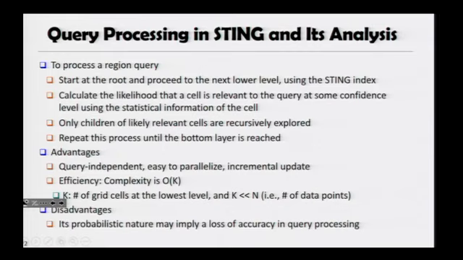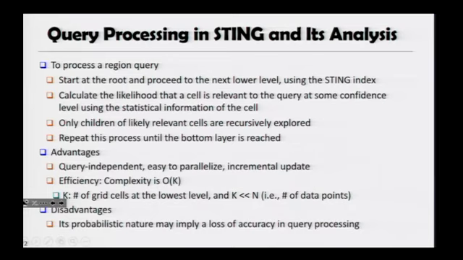It is O of k, where k is the number of grid cells at the lowest level, and as we just talked about, the number of grid cells is much less than the number of data points. So the whole thing is relatively efficient.